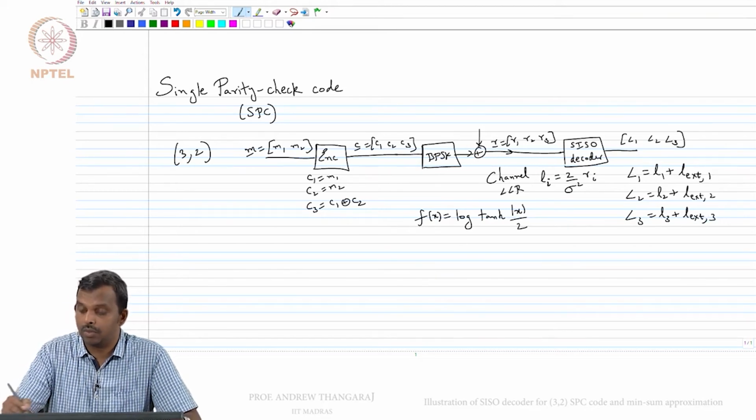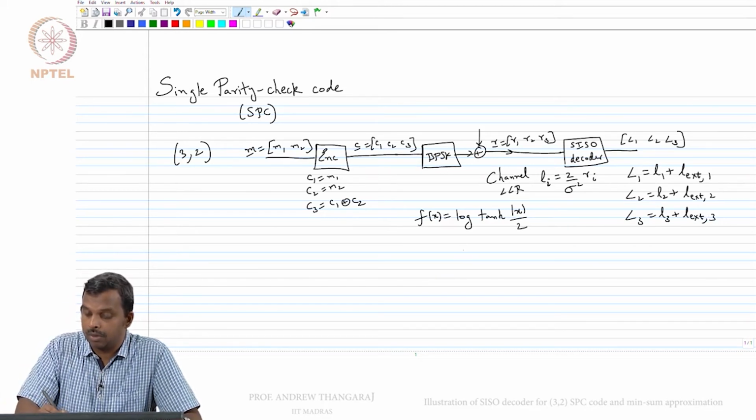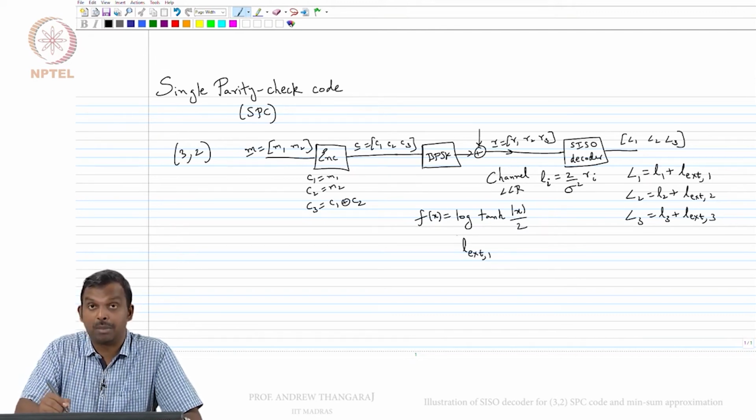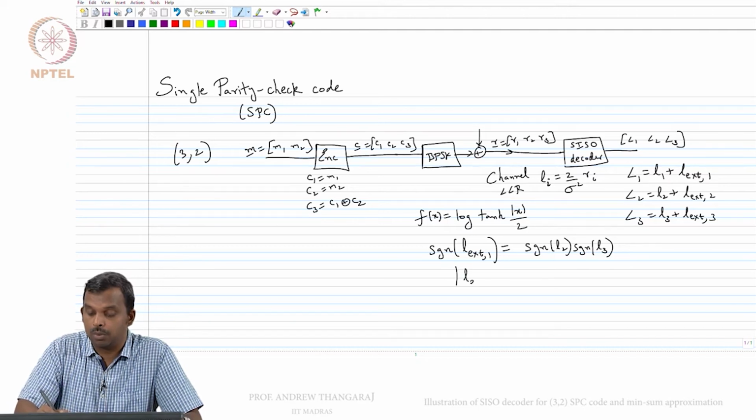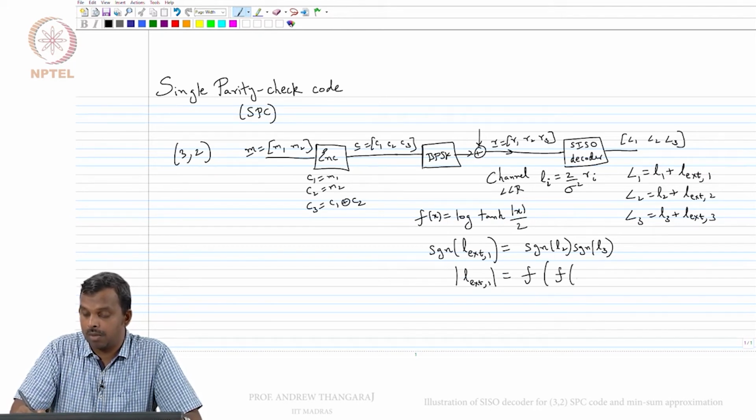And then what is each of these lx1s? We describe the sign separately and the absolute value separately. The sign is sign of L2 times sign of L3, and the absolute value is given by f of L2 plus f of L3.